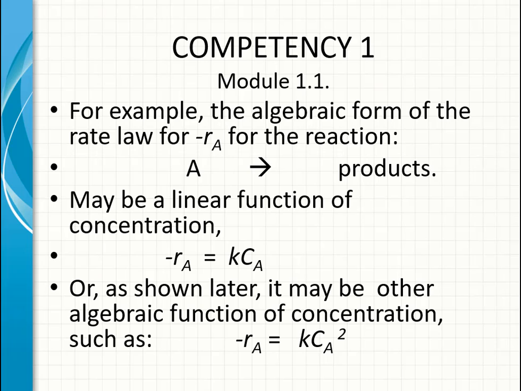That's why it's linear. Or, as it will be shown later, it might be another algebraic function of concentration, such as -rA equals k, the rate constant, times the concentration of A raised to the second power.